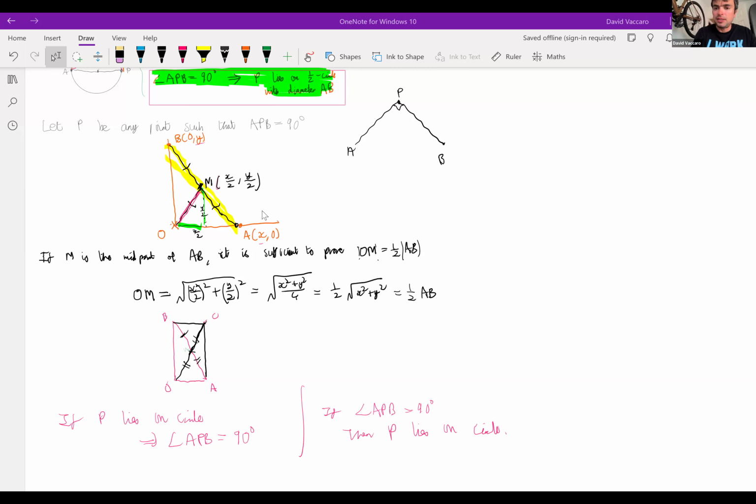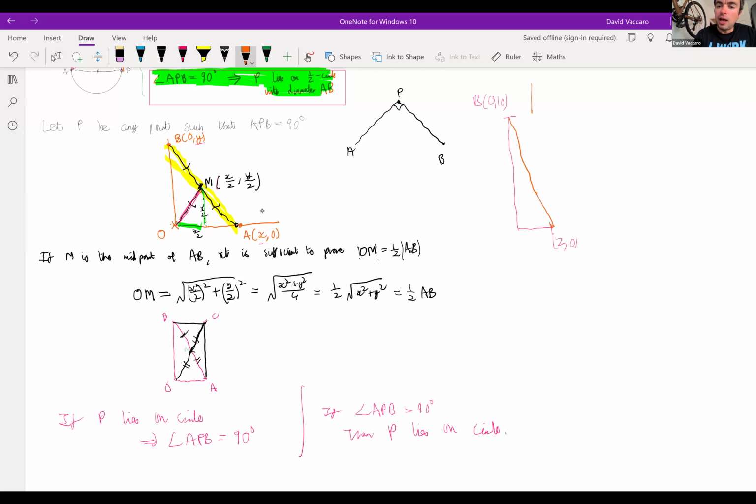Okay, but even if it's not 45 degrees, let's say A was at the point 2, 0, and B was at the point 0, 10, where would the midpoint of that line be?